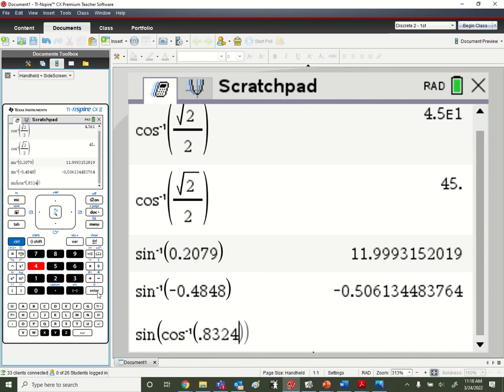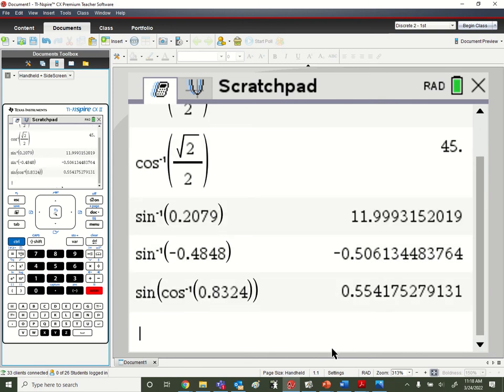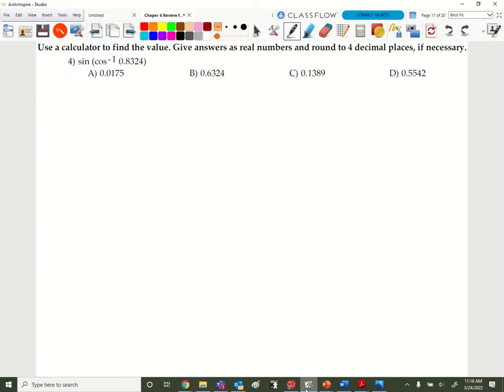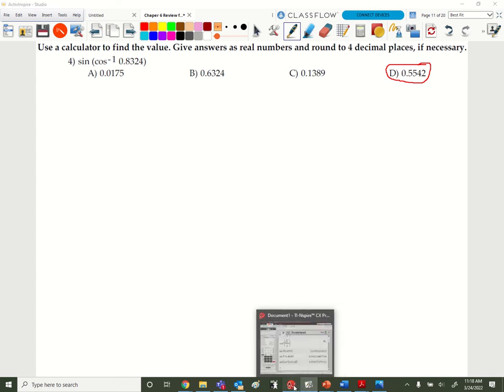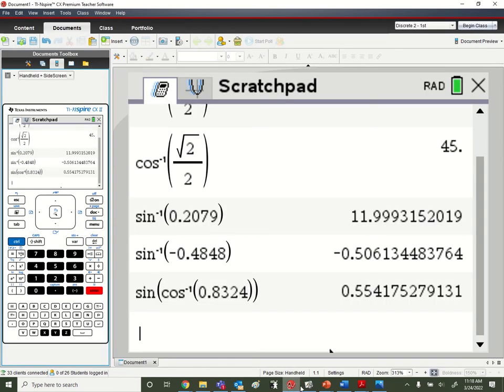Hit enter. And 0.55. So let's look at the type of answers I have. Ooh, hey look, 0.55. It is still in radians right there. So 0.5542. Yep.